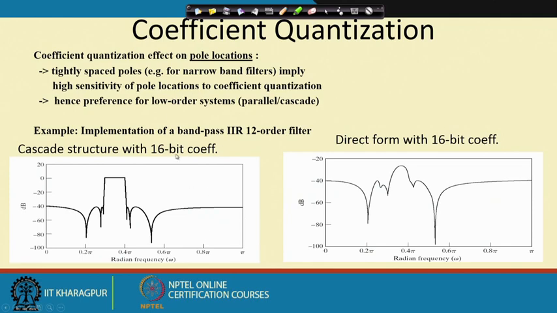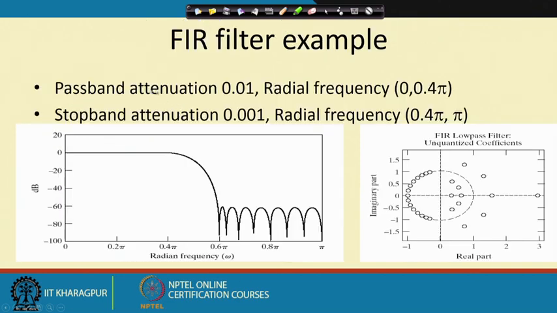Suppose we have to implement one FIR filter with the specification of passband attenuation of 0.01 with radial frequency of 0 to 0.4 pi, and stop band attenuation of 0.001 with radial frequency of 0.4 pi to pi.